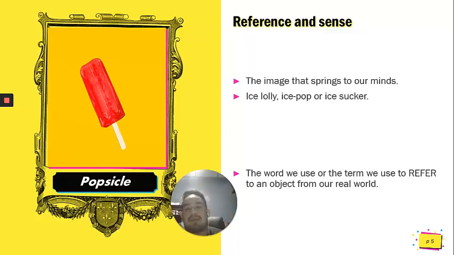For example, here I have some synonyms to popsicle that I have found on the internet and that are related to the same sense, to the same image of this popsicle. And they can be ice lolly, ice pop, or even ice soccer. So the sense in the semantic world can have many different references.